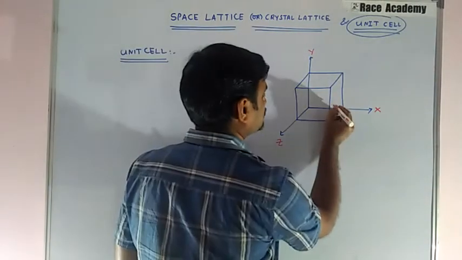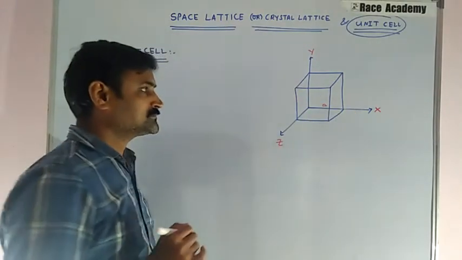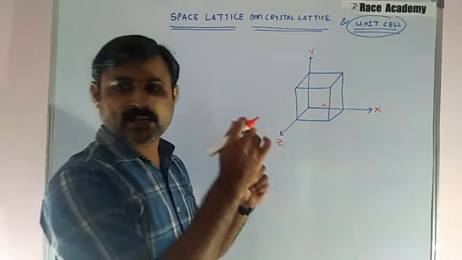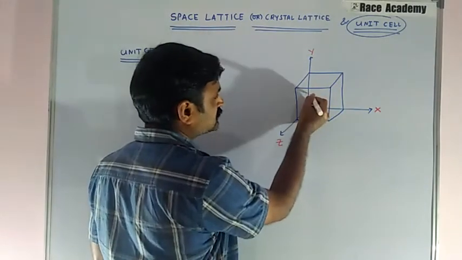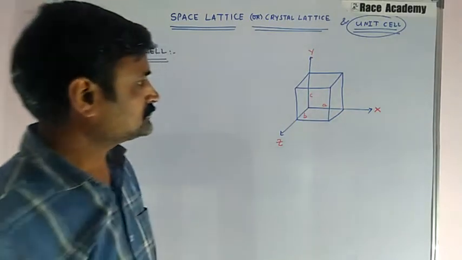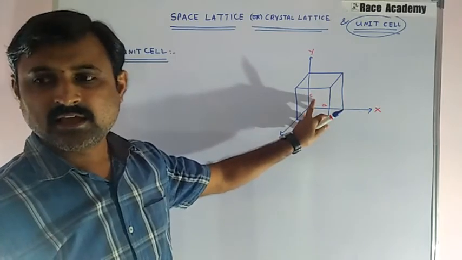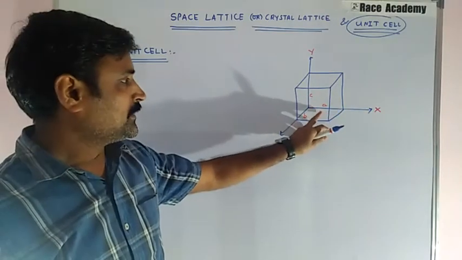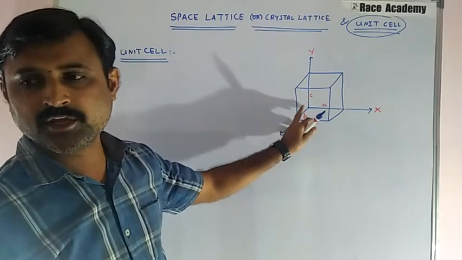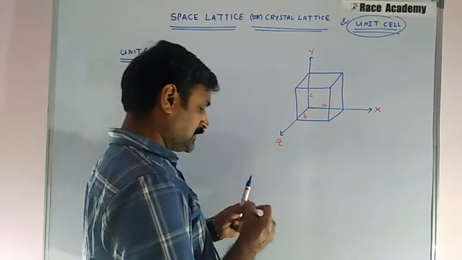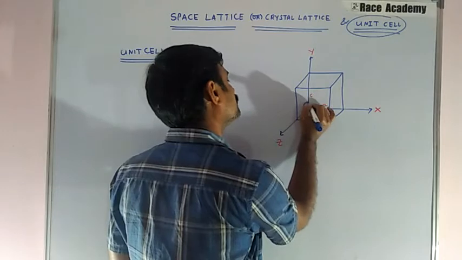If you take, this is the side A. The other one you can consider as B. This is B. This is C. This is A. This is B. This is C. The angle made by B and C, you can consider that as alpha.